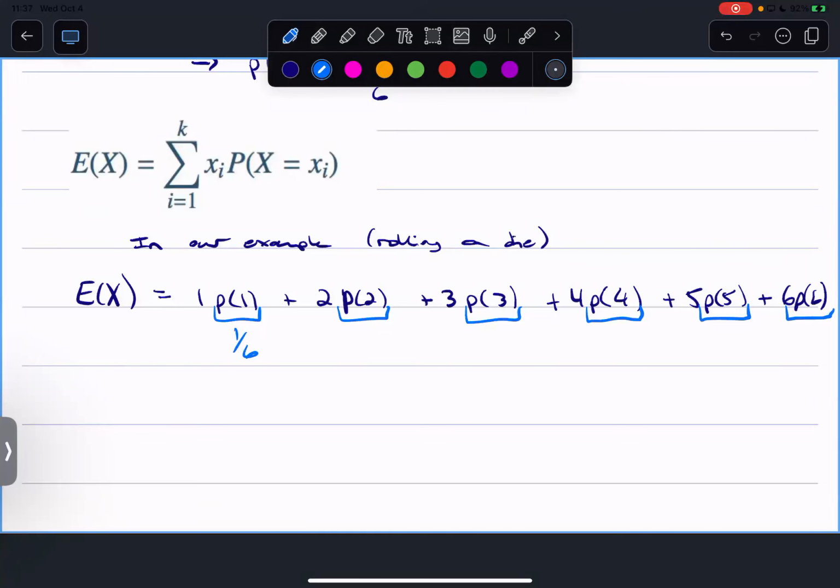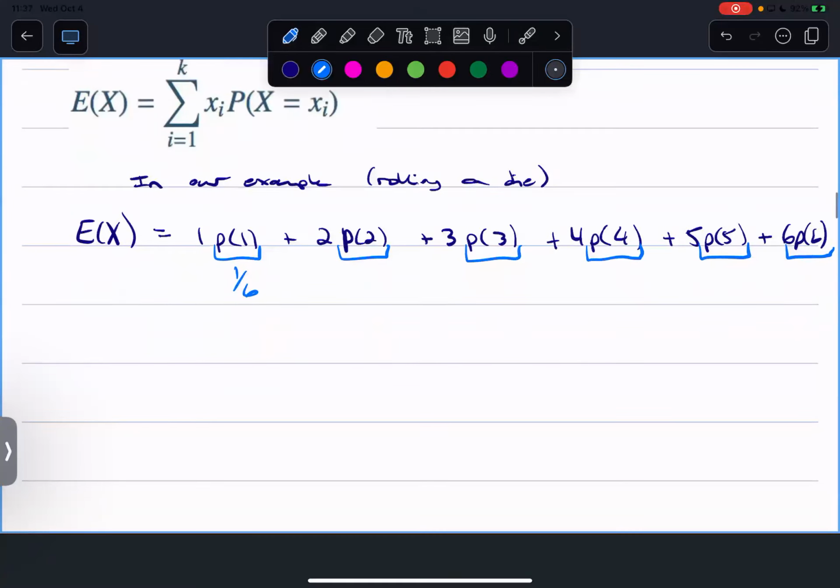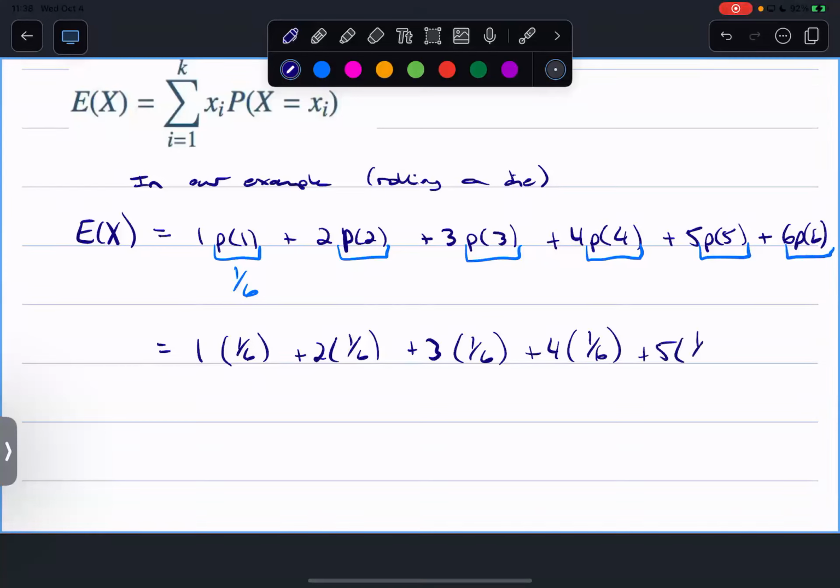And then we're going to end up where we started, right? By adding them all up, dividing by 6. And so here, this becomes 1 times 1/6 plus 2 times 1/6 plus 3 times 1/6, and so on up to 6 times 1/6.